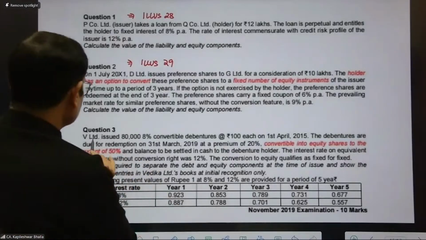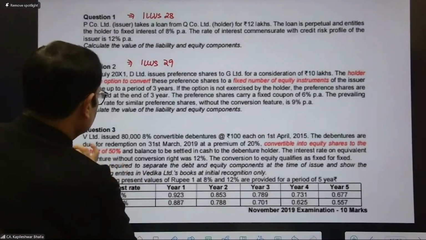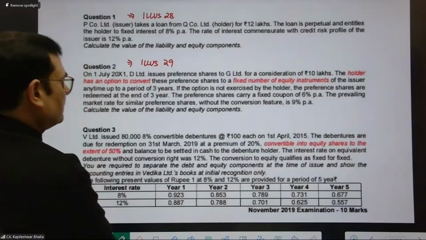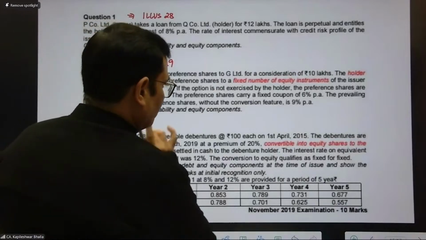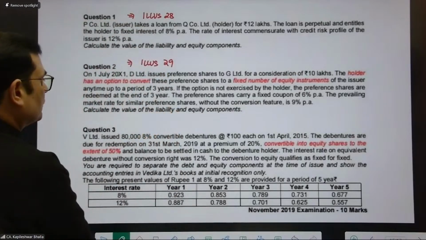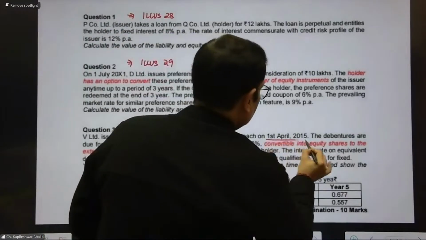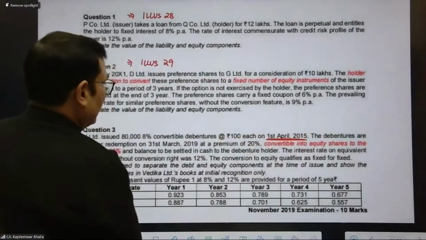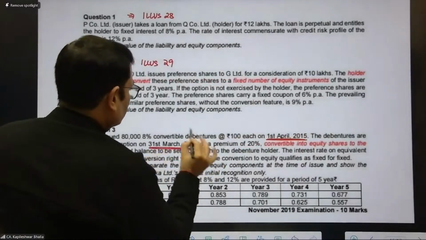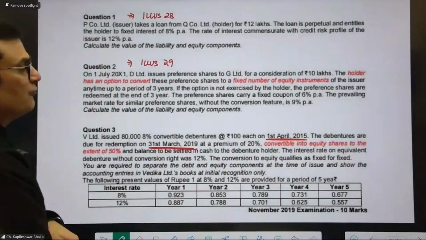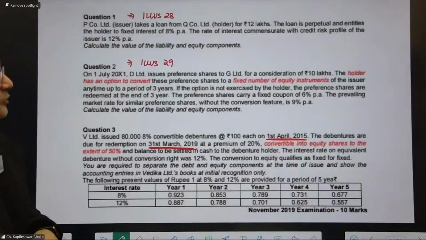It says we issued 8% convertible debentures on 1st April 15 and the debentures are due for redemption on March 19. That means for a period of 4 years at a premium of 20%.